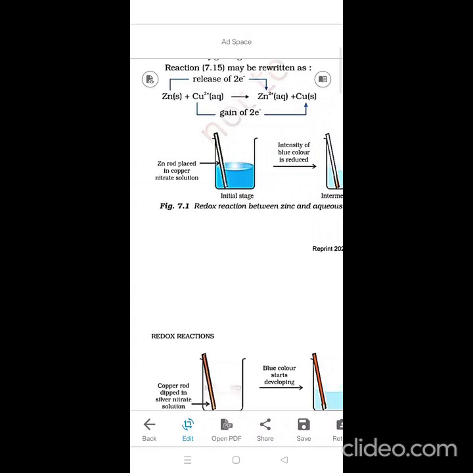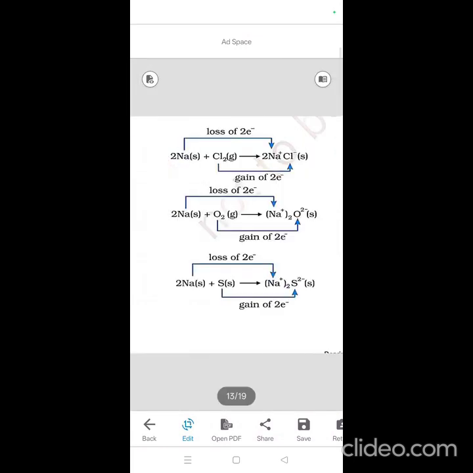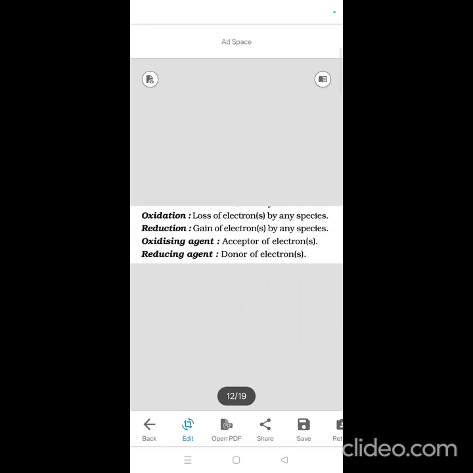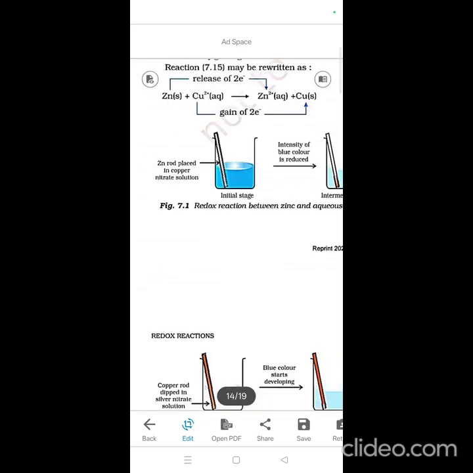So in the reaction Zn plus CuSO4 gives ZnSO4 plus Cu, in the ionic form, that is Zn plus Cu2+ gives Zn2+ plus Cu, which is the oxidizing agent and which is the reducing agent? As I said earlier, the oxidizing agent is the acceptor of electrons and the reducing agent is the donor of electrons. Here zinc loses 2 electrons, and Cu2+ accepts 2 electrons.